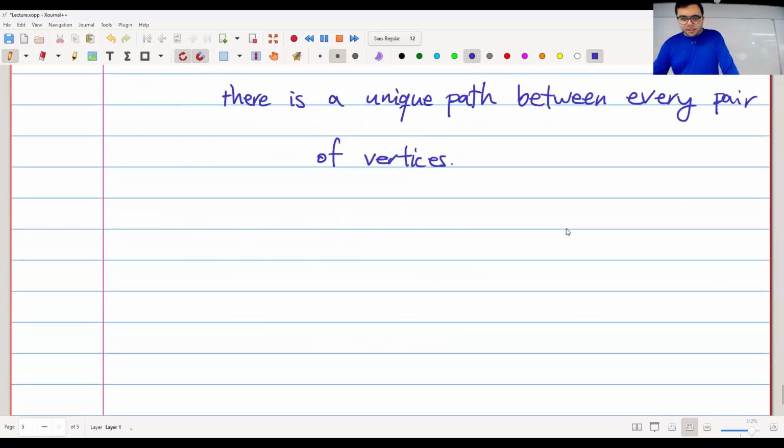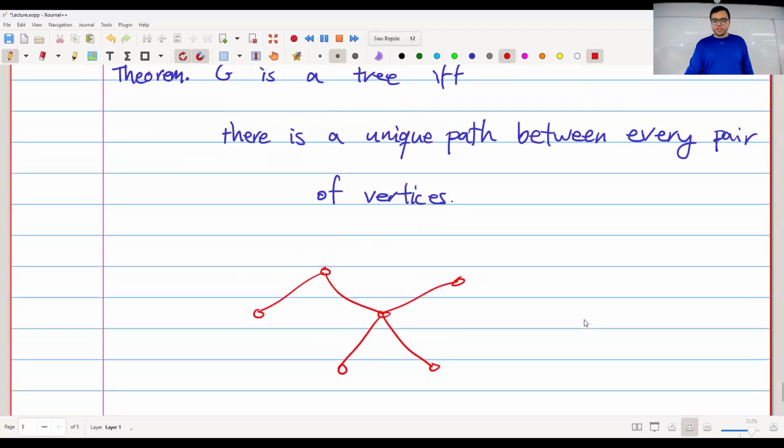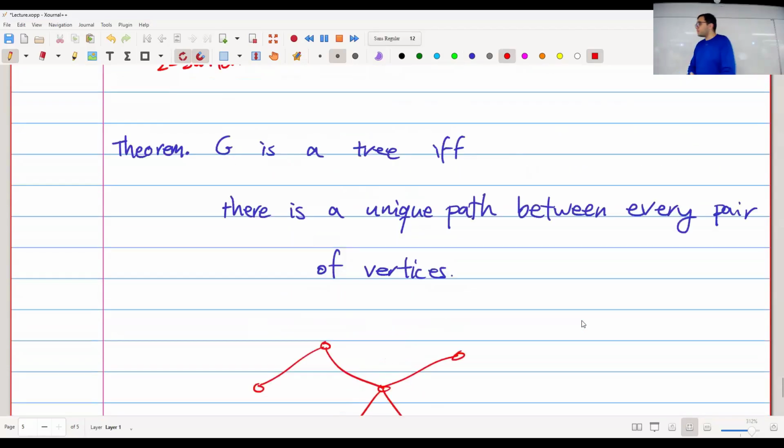Again, this kind of makes intuitive sense because if you look at a tree, so let's say this is my tree, between every pair of vertices, there should be only one way of going, for example, from here to here. Right? But we want to prove this.